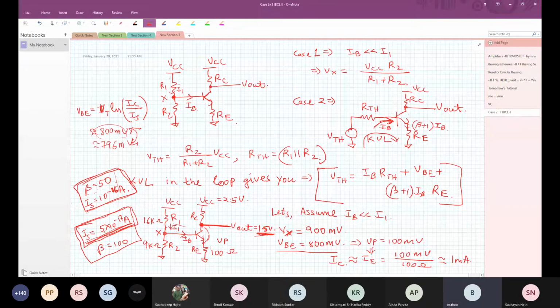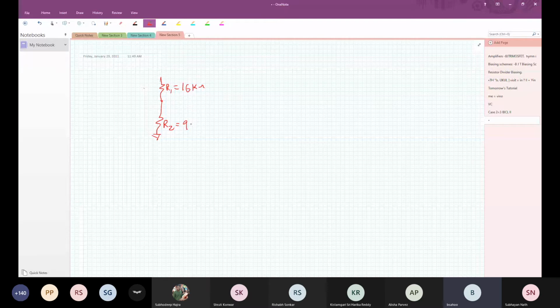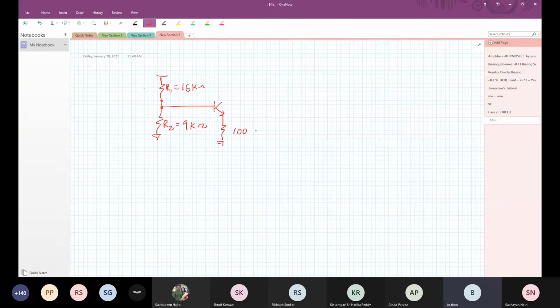Or let us take another example which is done in the textbook. What the book has said is that R1 equals 16 kilo ohms, R2 equals 9 kilo ohms, RE equals 100 ohms, and this is going to give you RC equal to 1 kilo ohm, and this is your V out.